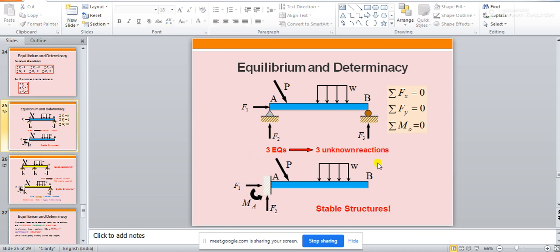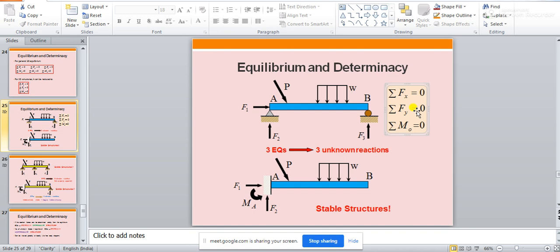So in this case also there are three unknown reactions, and these can be solved using the three equations of equilibrium, and thus this structure will also be taken as a determinate structure.